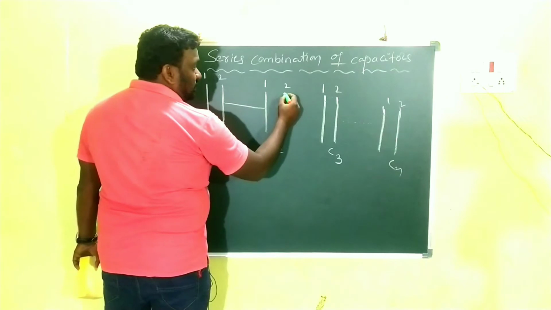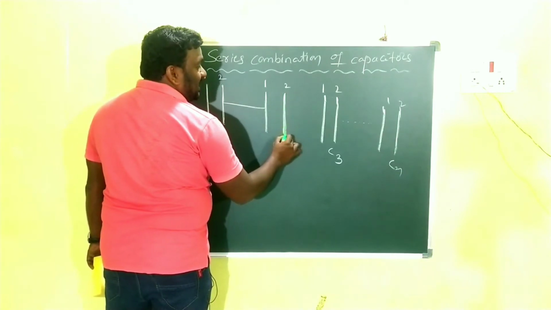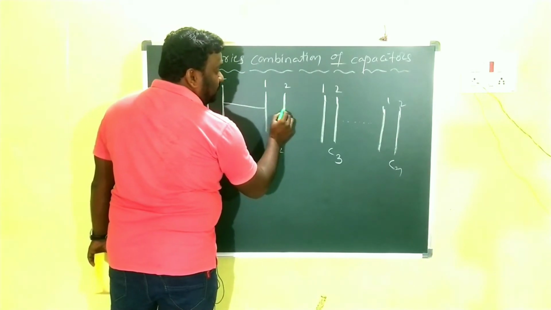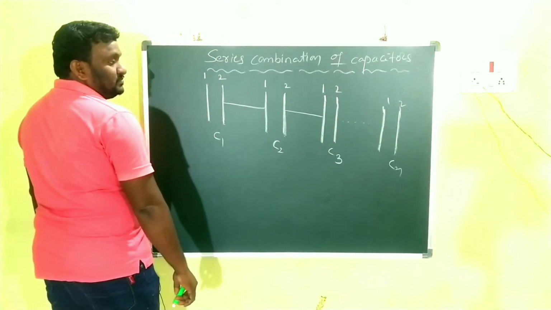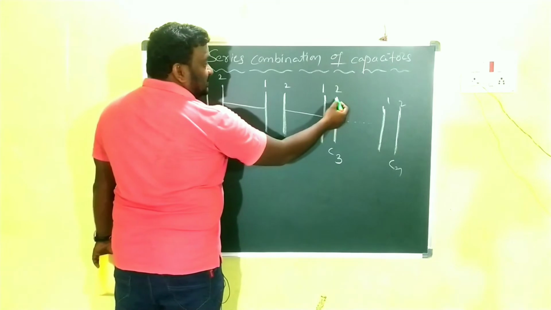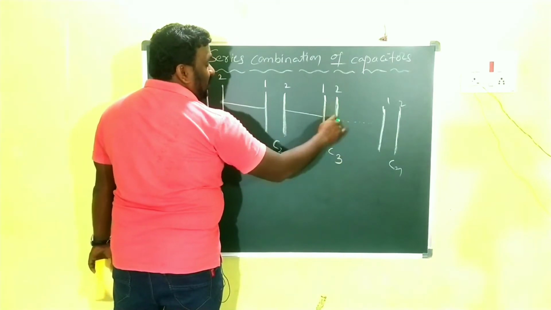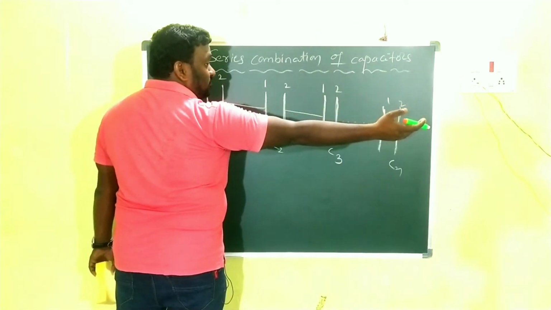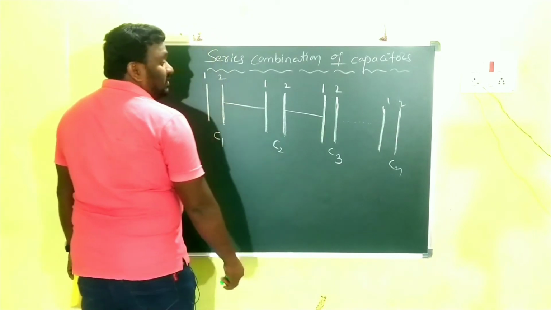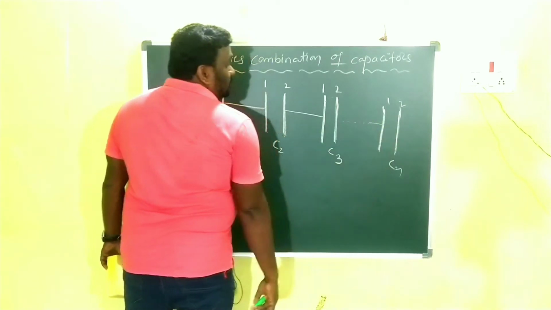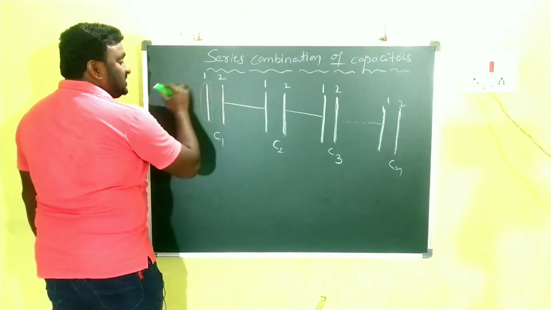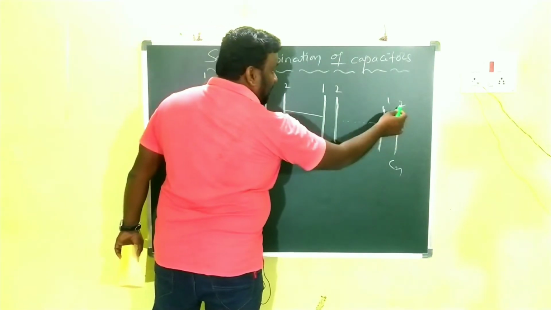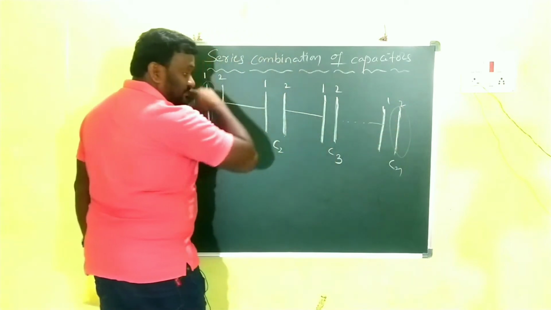The second plate of the second capacitor is joined to the first plate of the third capacitor. The second plate of the third is given to the first plate of the fourth capacitor, and so on like this. Finally we have the first plate of the first capacitor and the second plate of the last capacitor.